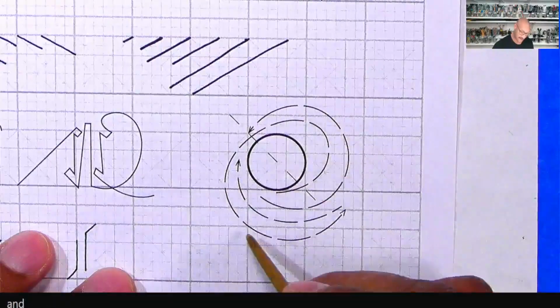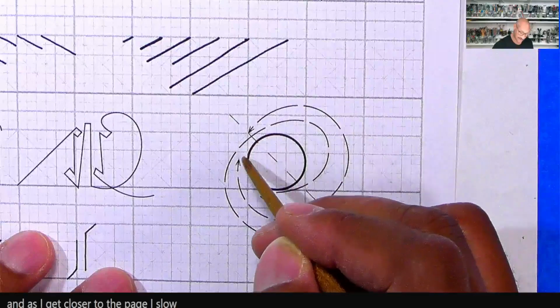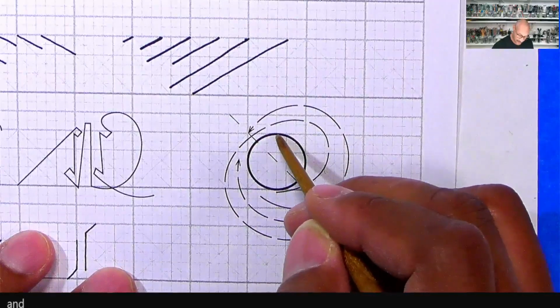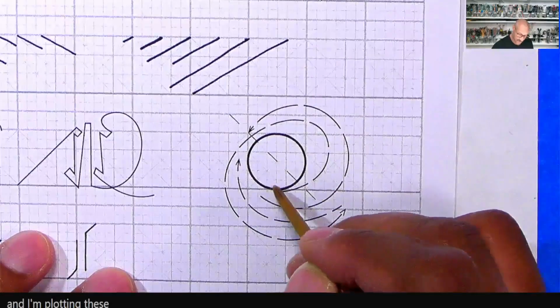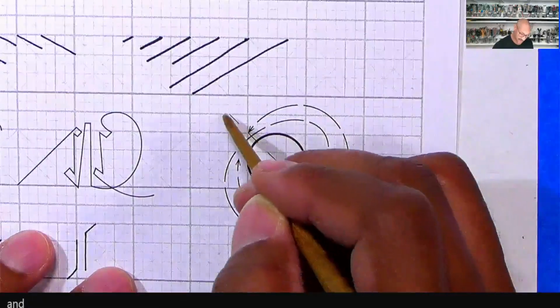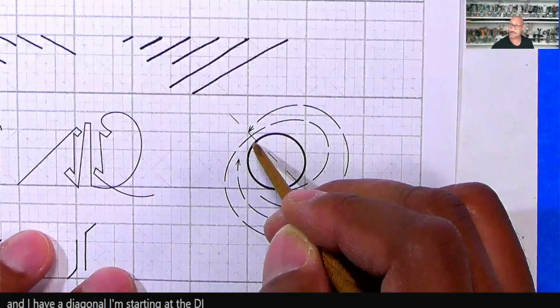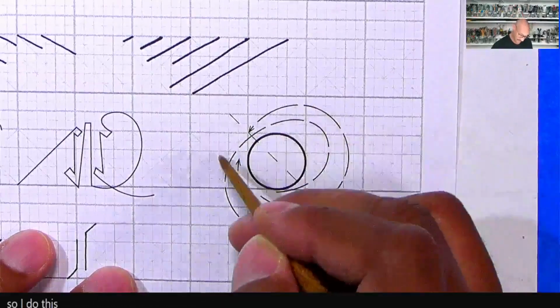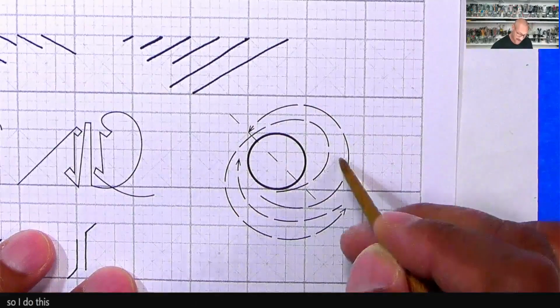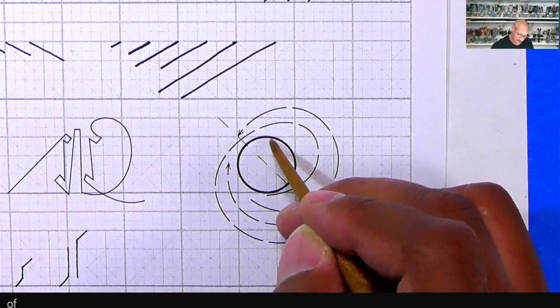And as I get closer to the page, I slow down and I'm plotting these tangential points. And I have a diagonal. I'm starting at the diagonal. So I do this and I aim for the middle of the square.